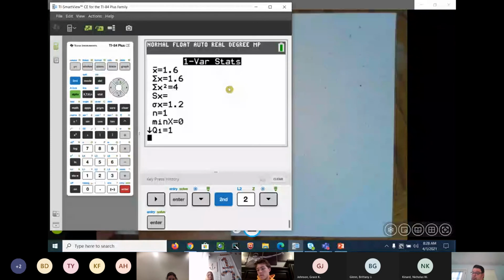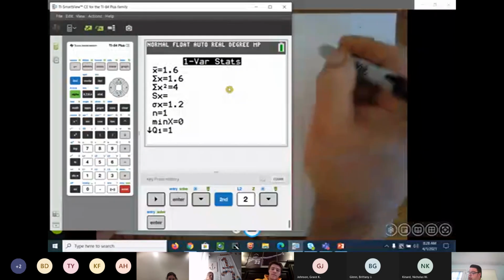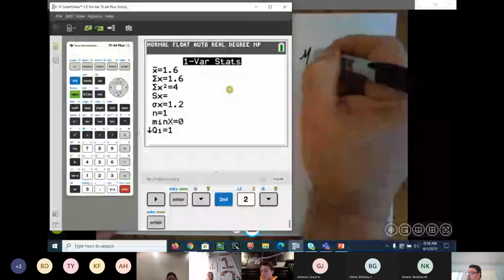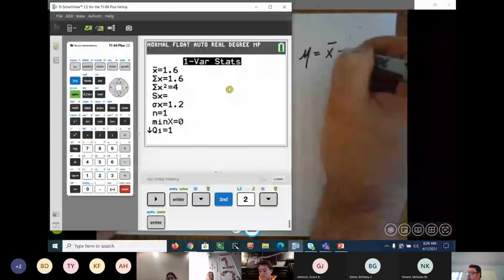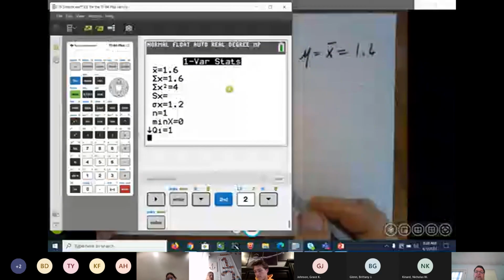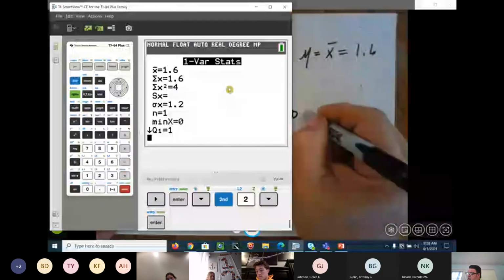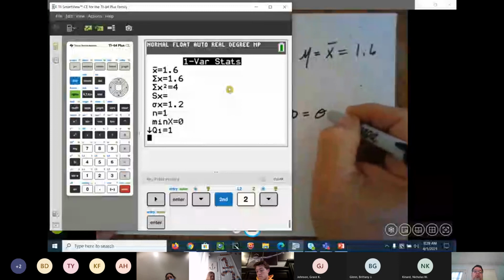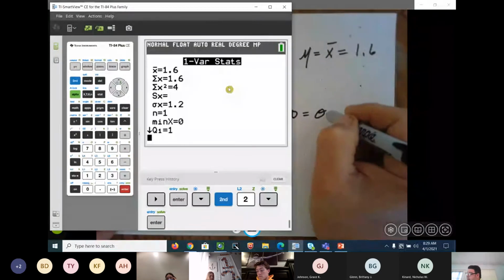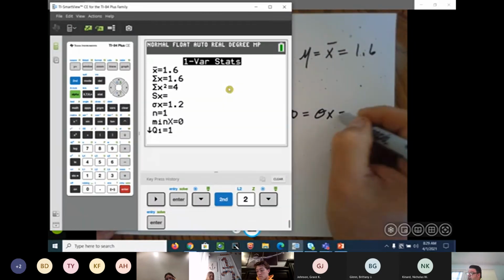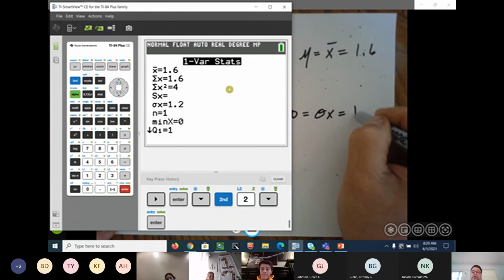But we're gonna go through this right quick. Mean is equal to x bar, which is equal to 1.6. That's from the calculator. And then the standard deviation, or sigma, they call it sigma x, is equal to 1.2.